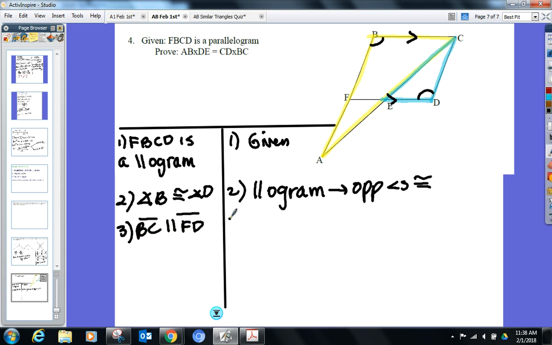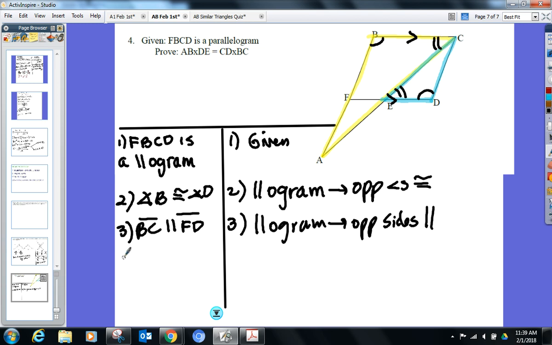Why is that true, Will? Now where are your alternate interior angles then? You said these two, right? What lines do I need parallel then? Okay, so stick with your parallel lines. There you go. Those two right there.